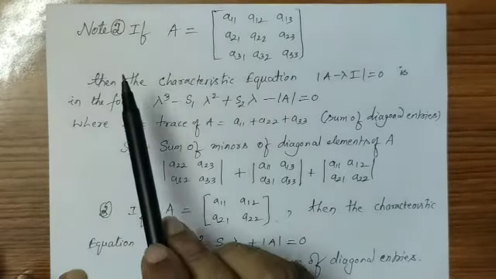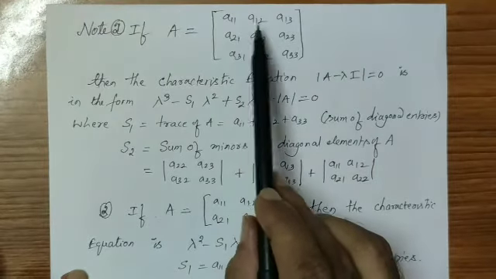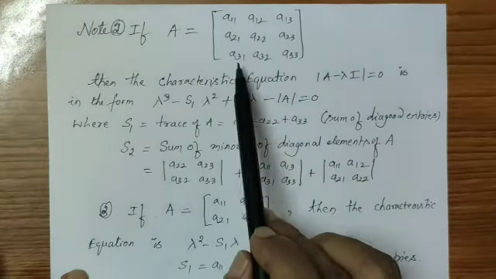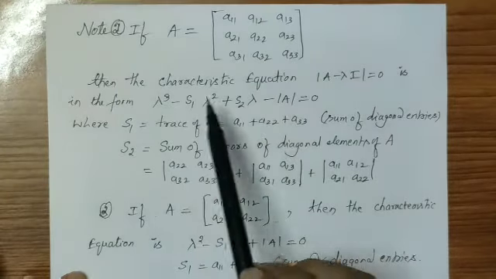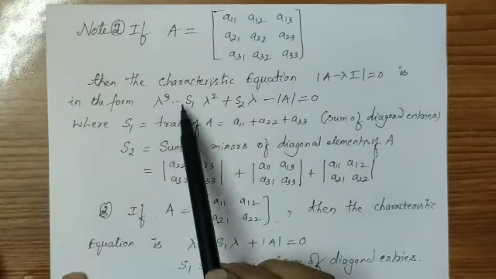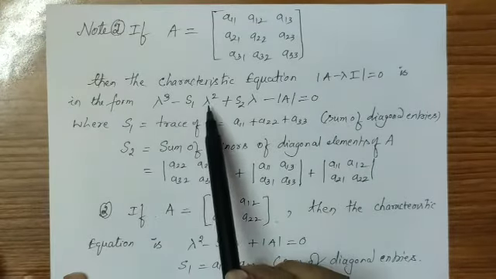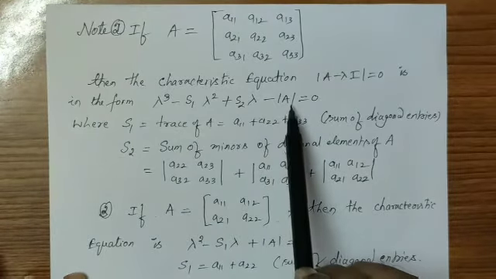The second thing you must note here is, if A is a 3 by 3 matrix, with entries A11, A12, A13 and so on, up to A31, A32, A33, then the characteristic equation can be written as lambda cube minus S1 times lambda square plus S2 times lambda minus determinant of A equal to 0.